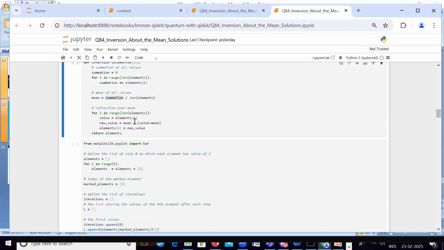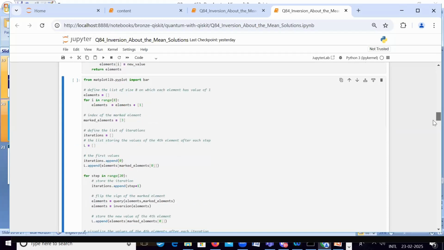And then again, doing the value using the mean calculated here. So new value is equal to mean minus value, the actual value of the individual item minus mean, and then that is being added and is returning that set of the elements here. Very simple.